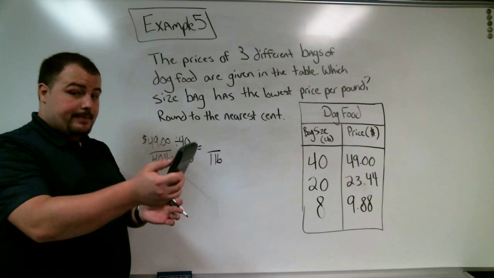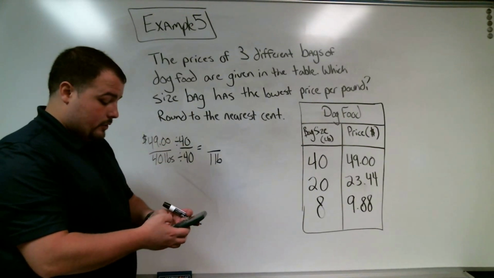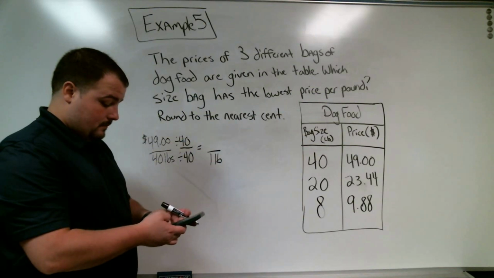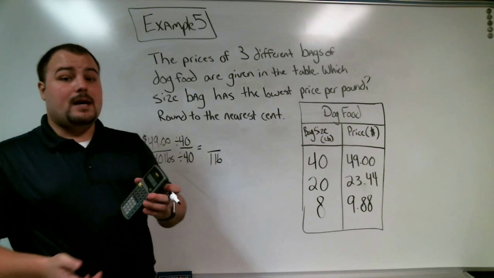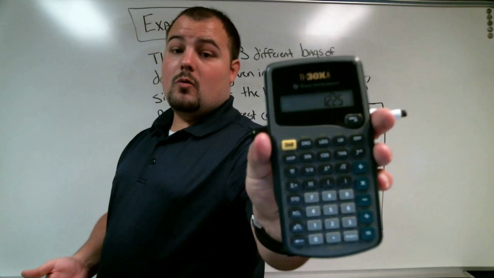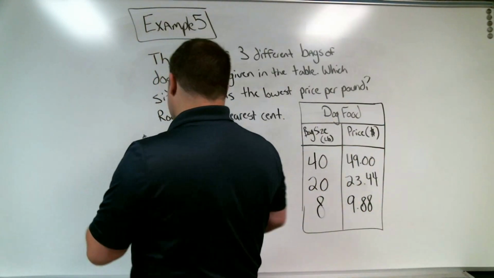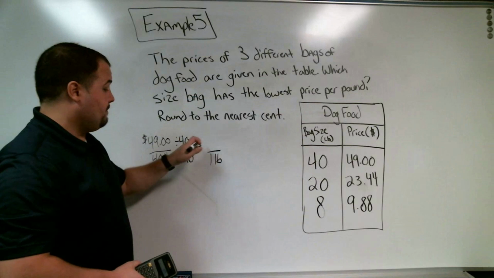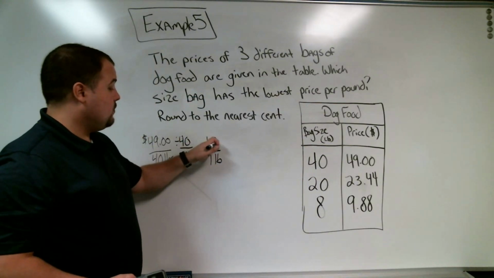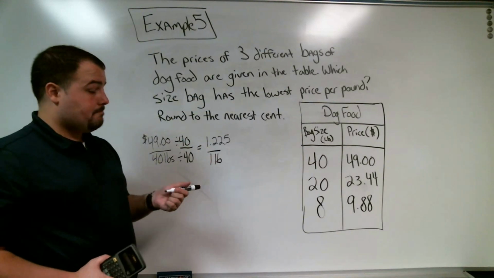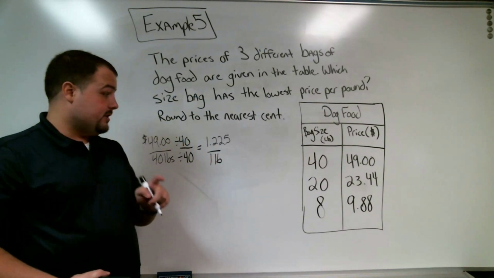I'm going to go ahead and type it in the calculator. 49 divided by 40. And my calculator actually says 1.225. I'm actually going to copy that entire number down. 1.225. This doesn't look like money, and money goes to 2 decimal places.